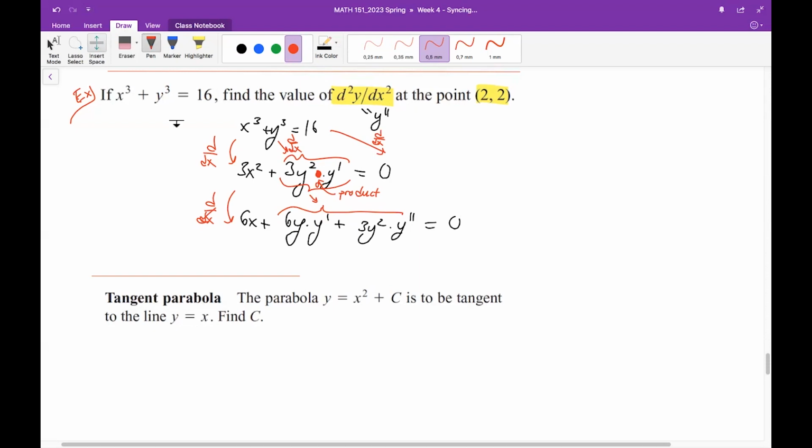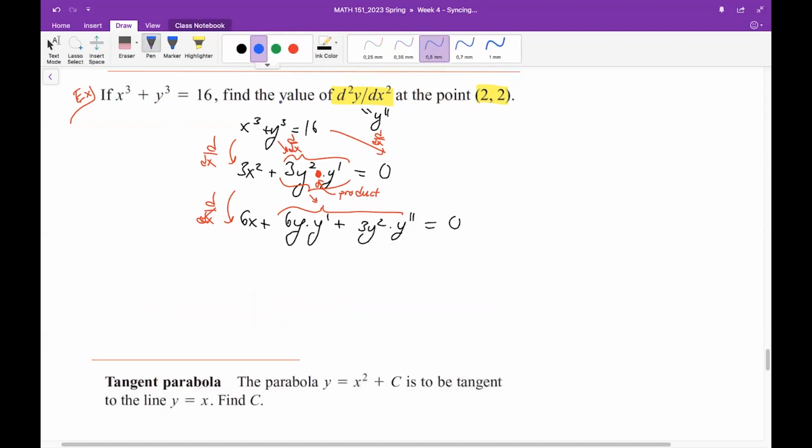Okay, now we are ready to insert the point, right? Now I will insert the given particular point, x equals 2, y equals 2. But look at your expression. We have x, y, they are handled as 2, 2, but we also have y prime. What is y prime for x equals 2 and y equals 2?